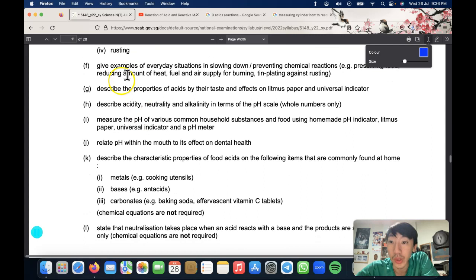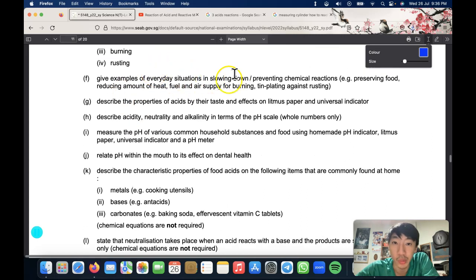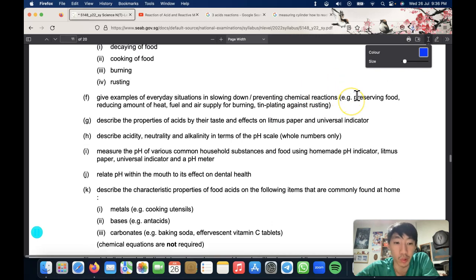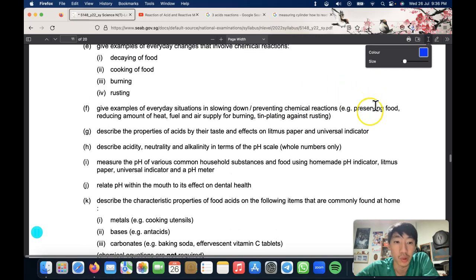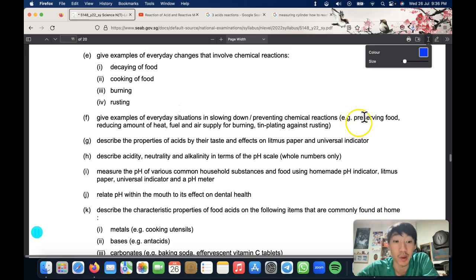Okay, so we need to give examples of everyday situations in which chemical reactions are slowed down or prevented. So what are some examples? Firstly, preserving food. If we use preservatives or even things like pickling, where you put your food in vinegar, this will help to preserve your food, and so you can keep it for longer.